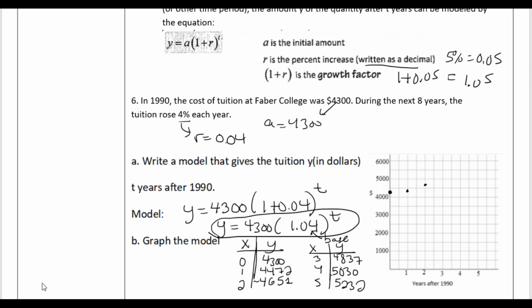For 3, it's going to be 4,800, so not quite 5,000. 4 is going to be a little bit above 5,000, and 5 a little bit above that. All right, so we're going to go ahead and graph this as best we can.